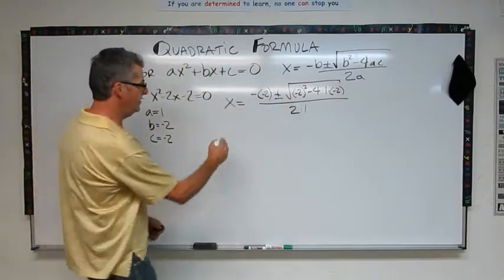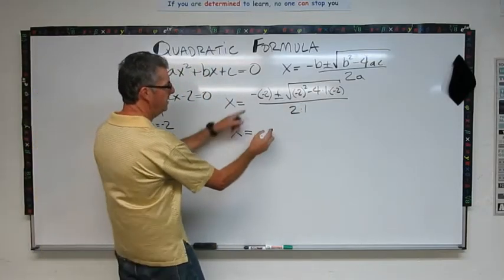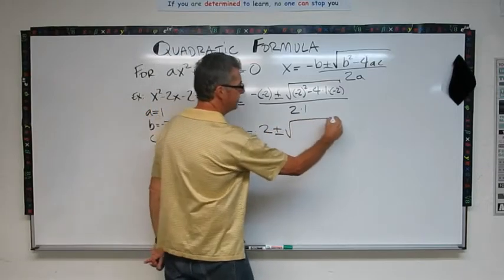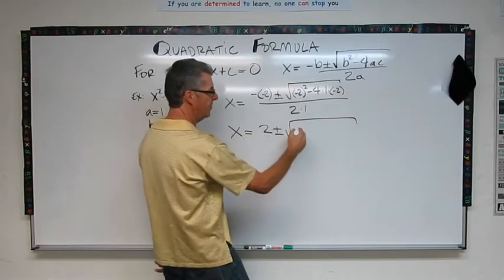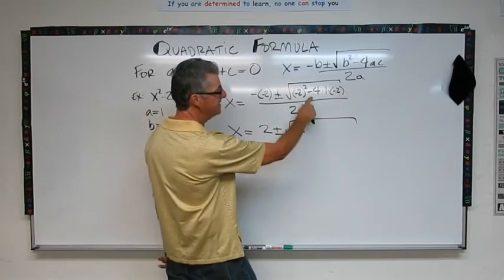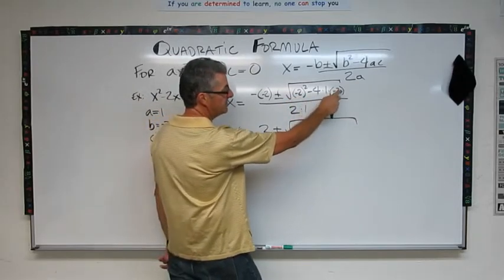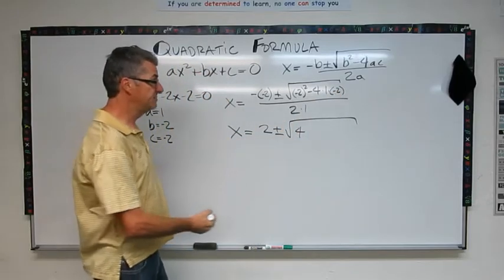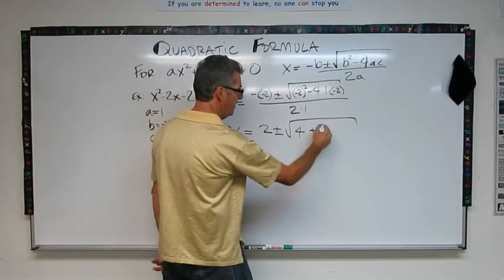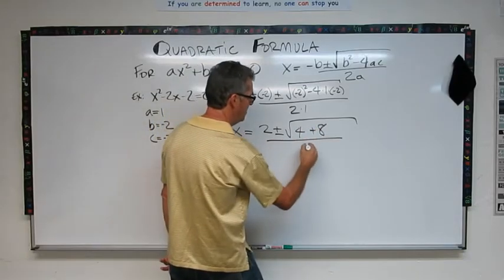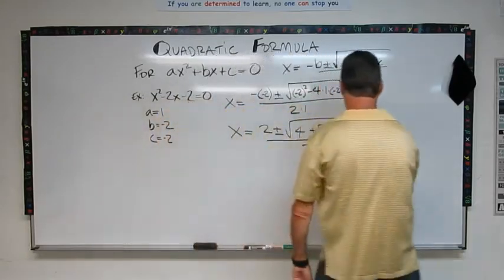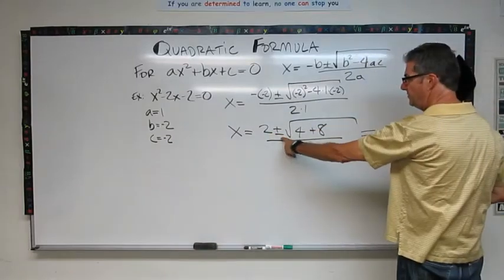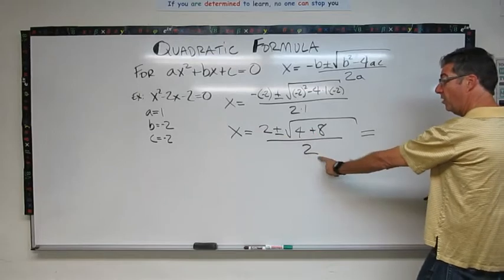Okay, so let's do the calculations. Negative negative 2 is just 2, plus or minus my square root. Negative 2 squared is 4, minus 4 times 1 times negative 2 is minus negative 8, so that means it's plus 8, over 2. I'm going to jump over here, save space on my board. I have 2 plus or minus root 12 over 2.